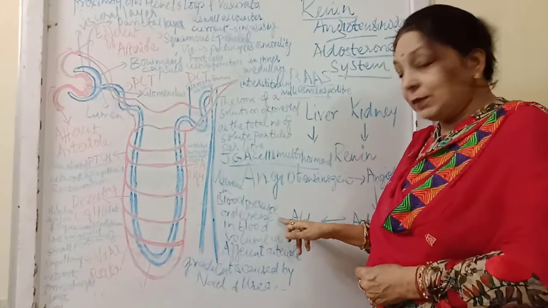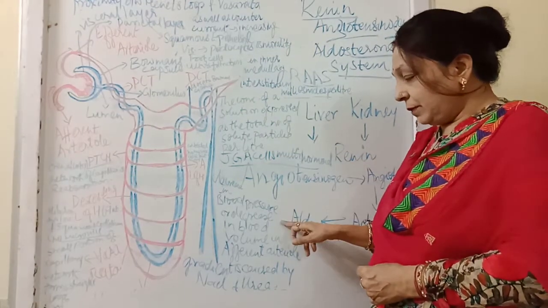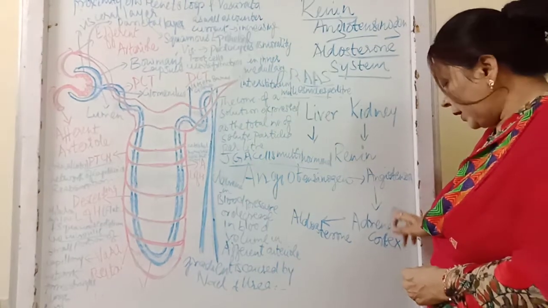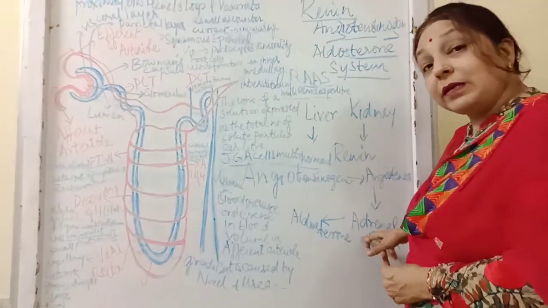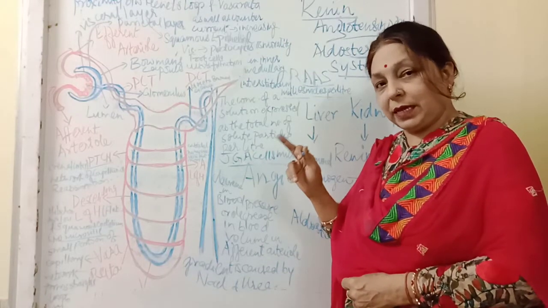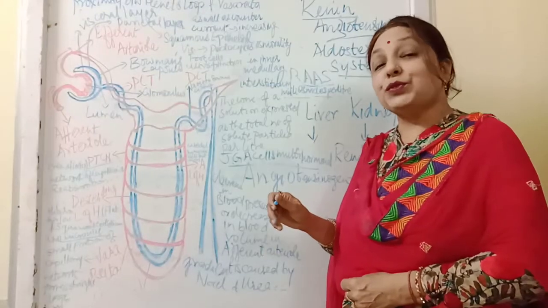This blood pressure is also maintained because angiotensin 2 also stimulates the adrenal cortex, and there is a release of another hormone called aldosterone.